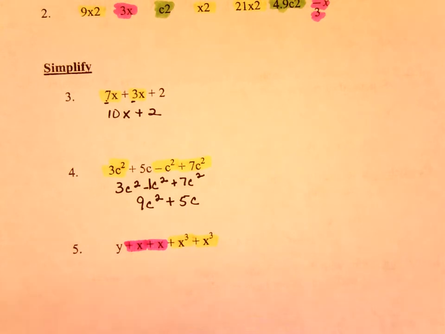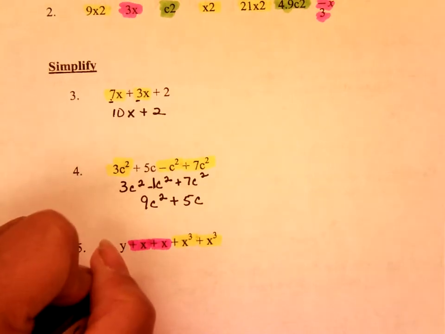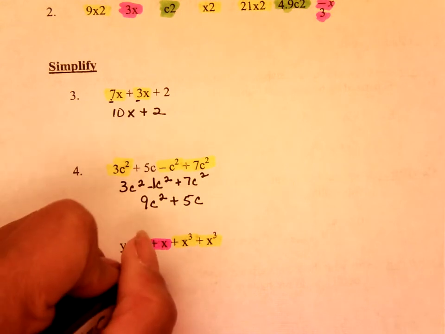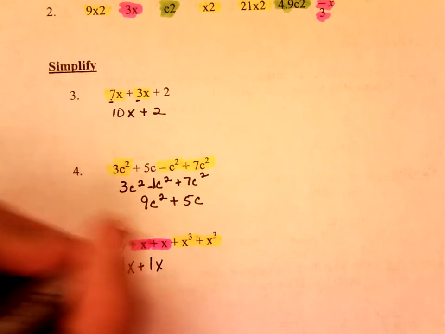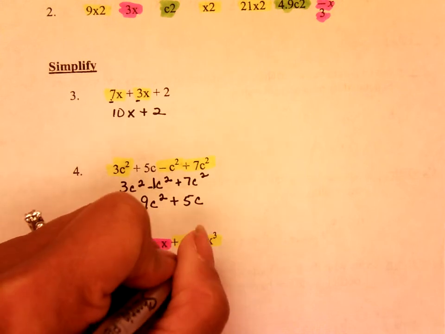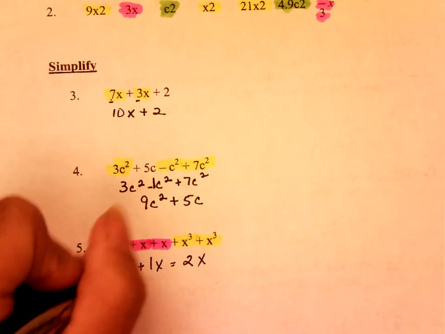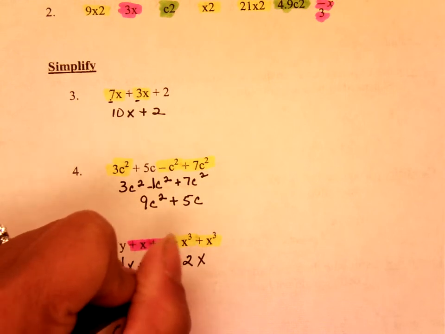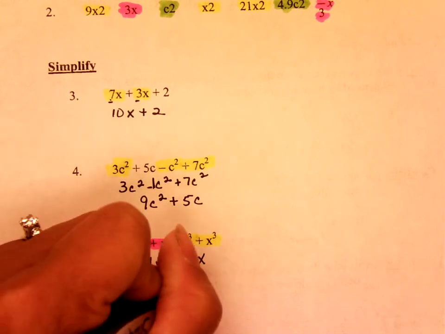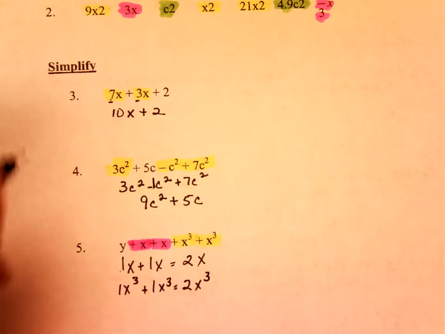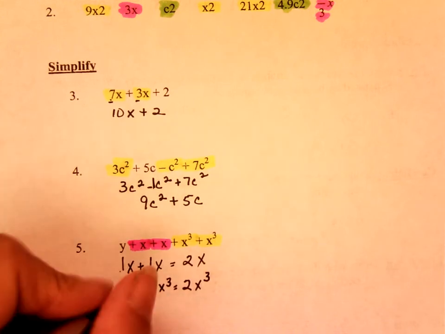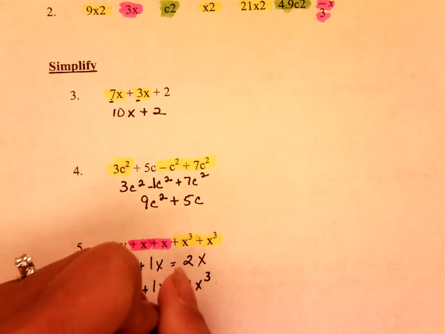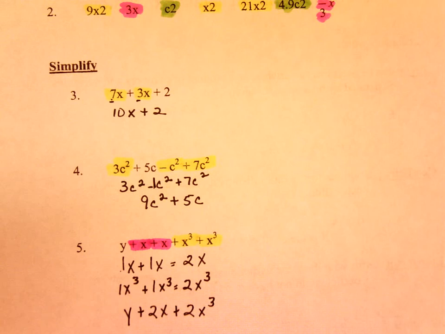Now here you have x, remember there's an imaginary 1, plus 1x, which equals 2x. Then you have 1x to the third plus 1x to the third, which equals 2x to the third. So now if you combine everything together, you have y plus 2x plus 2x to the third. And there's your answer.